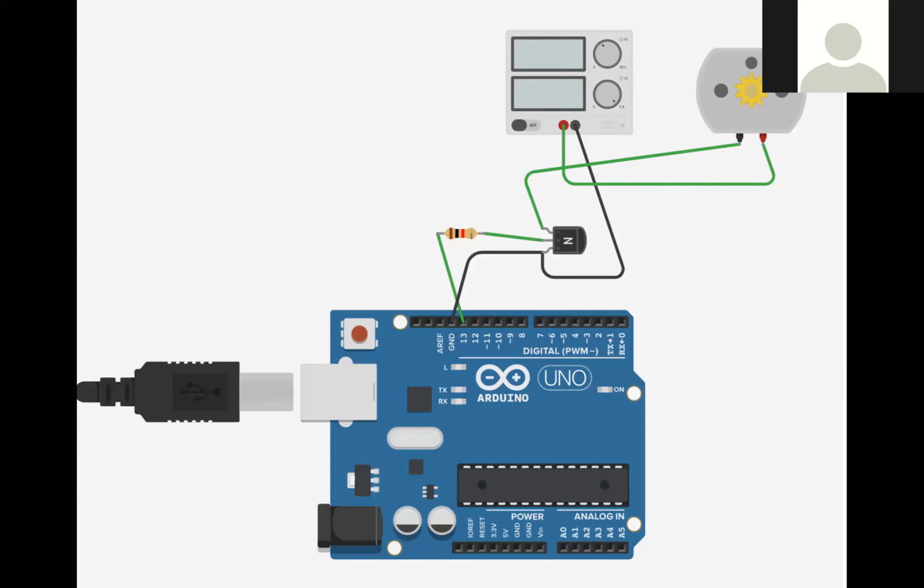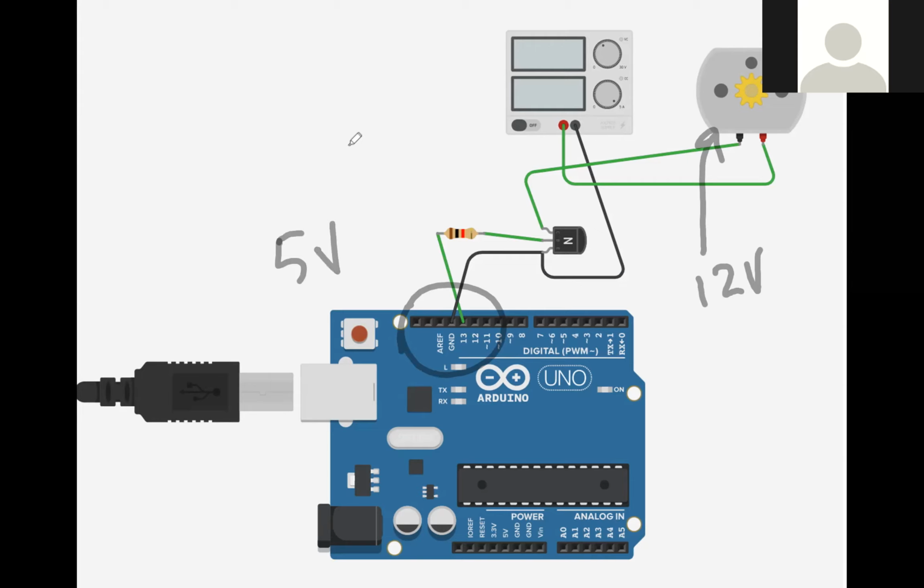This was the example where we used the transistor in order to turn on and off a motor. The motor that you see up in the corner here requires 12 volts in order to run, and the Arduino can't do that. The Arduino can only put out 5 volts.